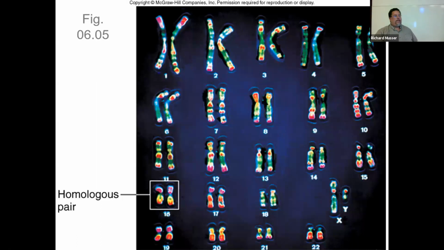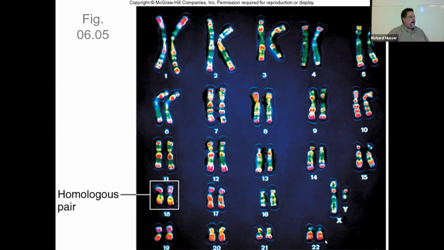And then this is what they look like under a microscope, electron microscope, I believe in this case. This is what we call a karyotype. So during mitosis or meiosis, once we can pull these out, we look at our homologous chromosomes. This is homologous to this, right?